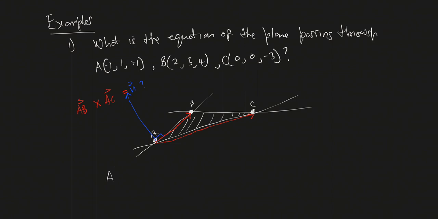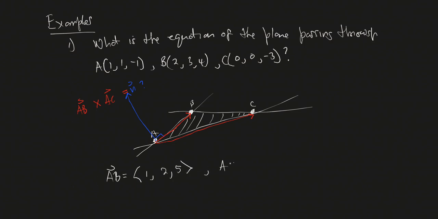So looking at the points that are given, the vector AB has components 2 minus 1, so that's 1. And then 3 minus 1, that's 2. And then 4 minus negative 1, that's 5.